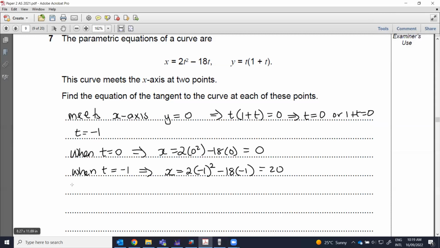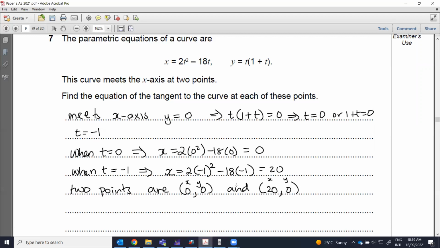So my 2 points where it meets the x-axis are: the x-coordinate is 0 and the y-coordinate is 0, and the x-coordinate is 20 and the y-coordinate is 0. These are the 2 points. So I know y is 0, then I solve for x, and then I pair them.